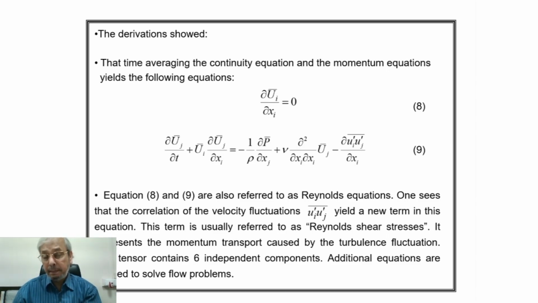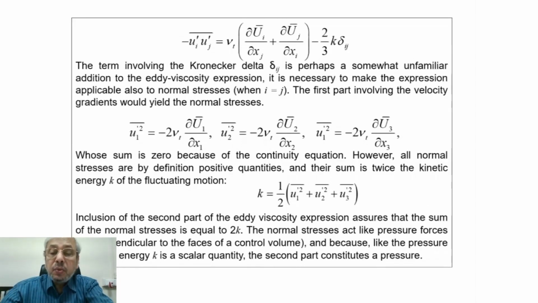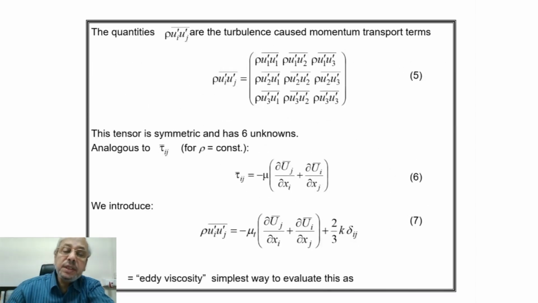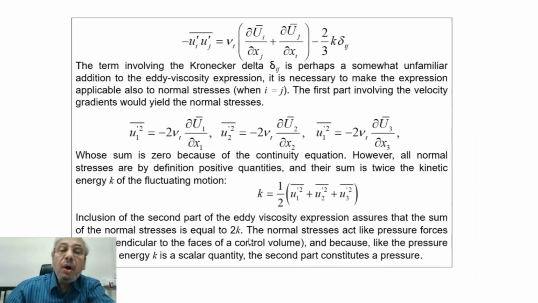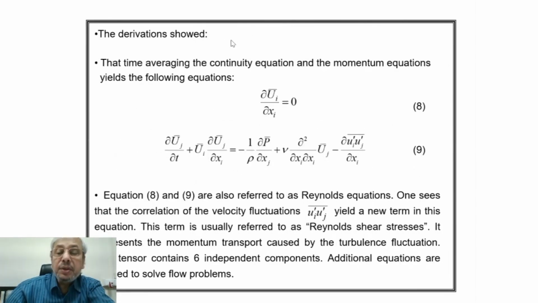But when we do that, we will get one term which is basically mu t or nu t. This mu t or nu t is not known. This nu, which is molecular viscosity, is a known fluid property.